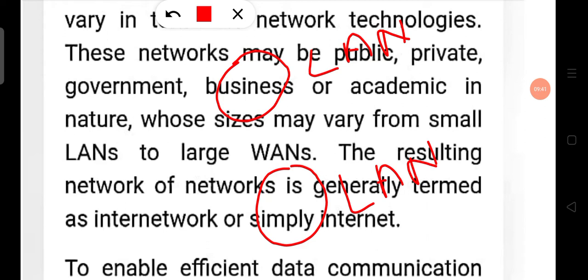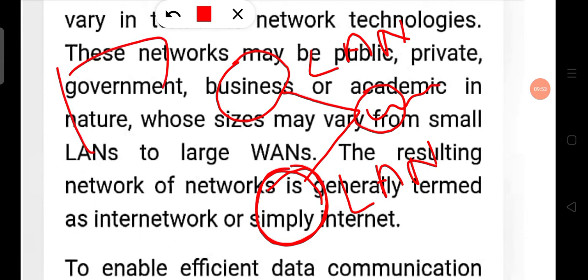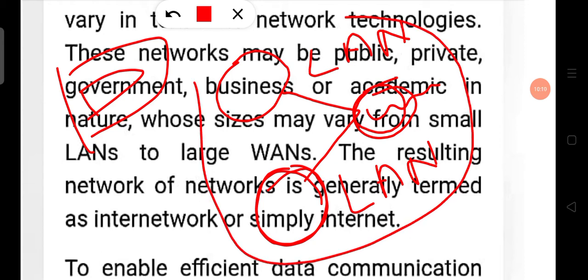To connect both the local area networks to each other, we use a gateway, a hub-like device which is used to distribute the internet, or we use a router. So that is called an internetwork or internet.